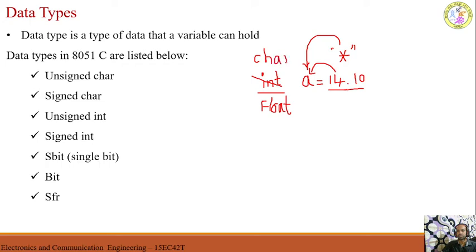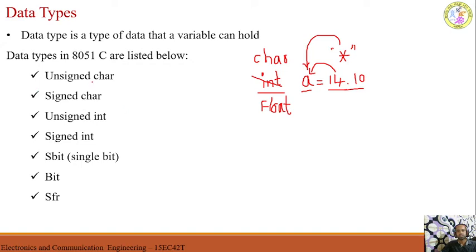This char represents that the variable A can store character data. Actually, the ASCII value of star will be stored into the variable A. So this is how I can decide the different types of data that a variable can hold. This is called a data type.